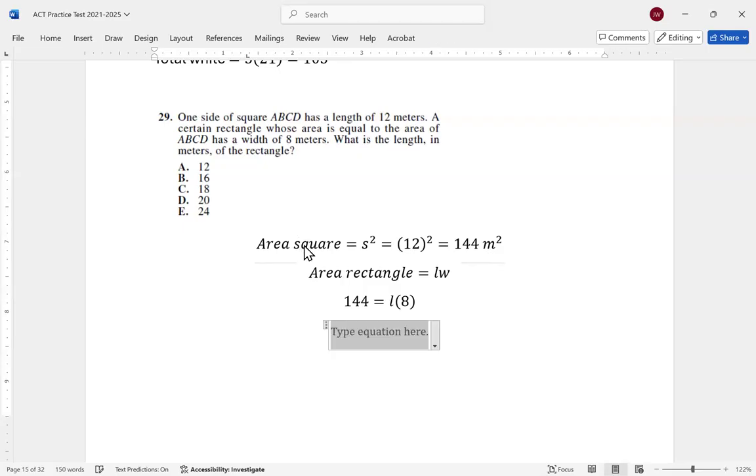And then it's asking for the length of the rectangle. So if we divide both sides by 8, we get that the length of the rectangle is 18 meters. Everything's in meters or square meters. So linear measurements are in meters, area measurements are in square meters. So 18 is the correct answer for question 29, and that's option C.